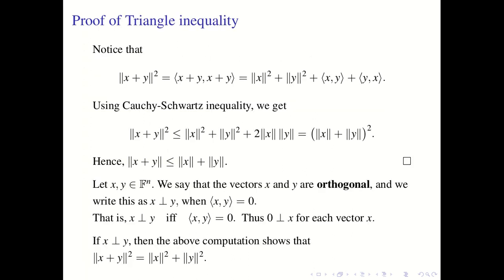Now let's come to the proof of the triangle inequality. Norm of x plus y square is equal to inner product x plus y with itself, which is equal to norm x square plus norm y square plus inner product xy plus inner product yx.